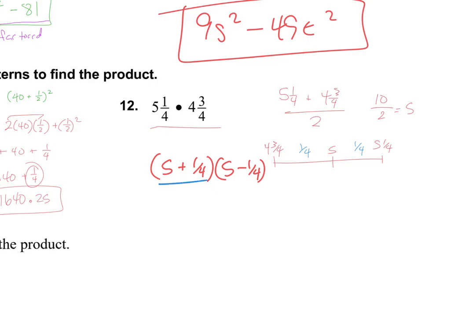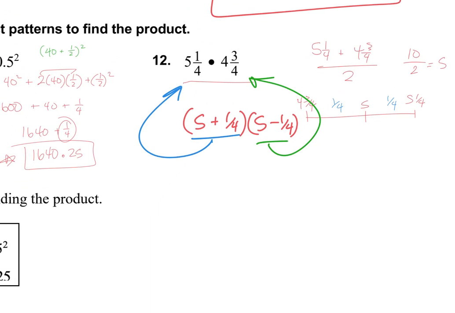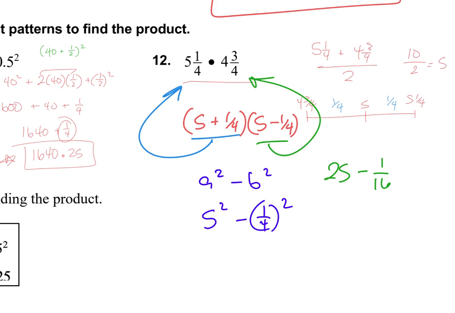Because this gives me 5 1/4. This gives me 4 3/4. And now I can just multiply. This fits the pattern of a squared minus b squared. So what's my a? My a is 5. My b is 1/4. So I get 25 minus 1/16.